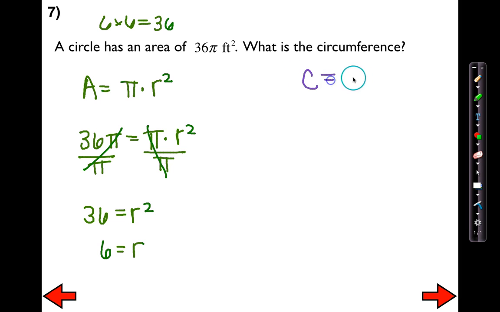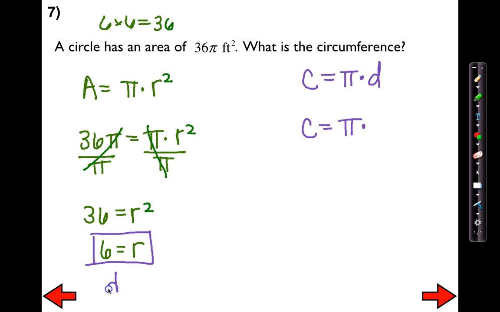The circumference is pi times the diameter, which means the circumference is going to be pi times twice the radius. Since the radius is 6, I'm going to claim that the diameter is 12. So I'm going to replace the diameter with 12, and I'm going to say the circumference is 12 pi.